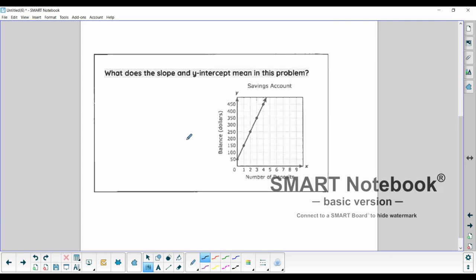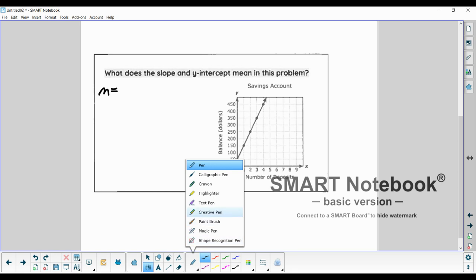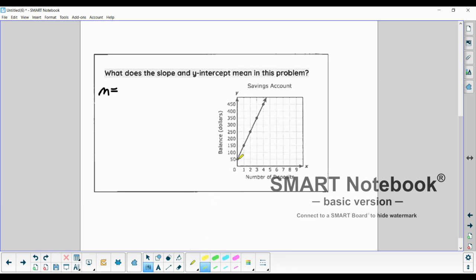So let's try this here. Let's find m by calculating the rate of change. My change in y, I was at 50 and I went up to 150. So my change in y was 100. My change in x, this box is worth just 1, so it's 1.